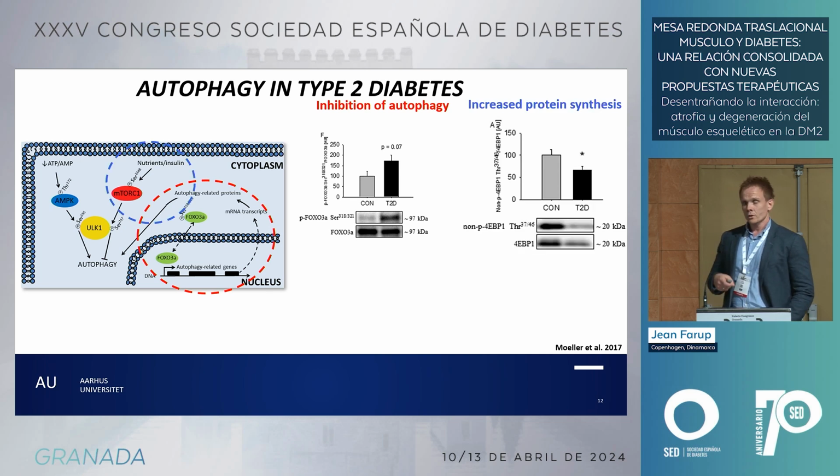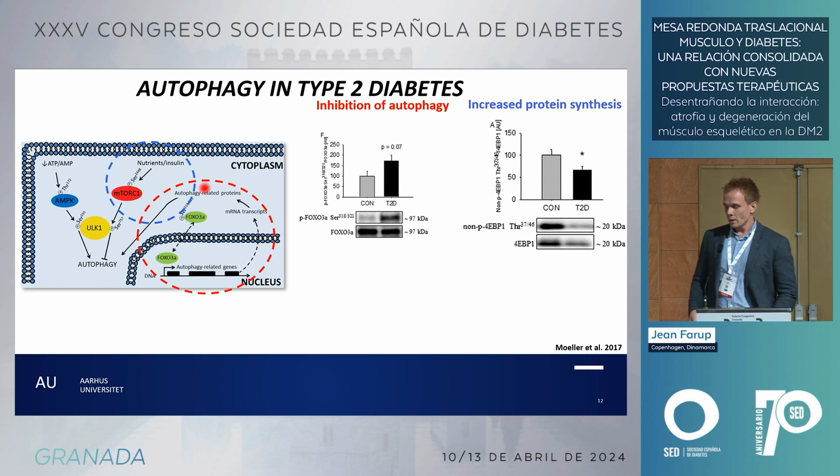And along with that, we also found indicators of increased protein synthesis through the mTOR pathway, here quantified by an increase in phospho-4E-binding protein 1. This is a decrease here, but that's non-phospho, so this is an increase in the phosphorylated form, indicating that protein synthesis is also activated in this process, which would again serve to inhibit autophagy.